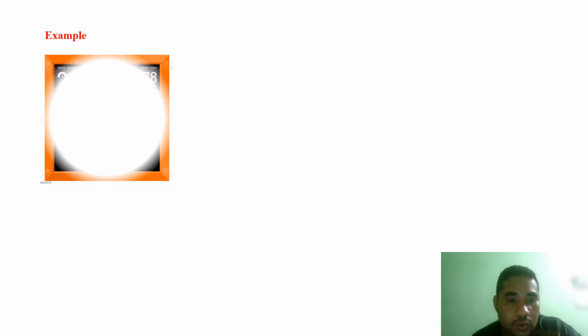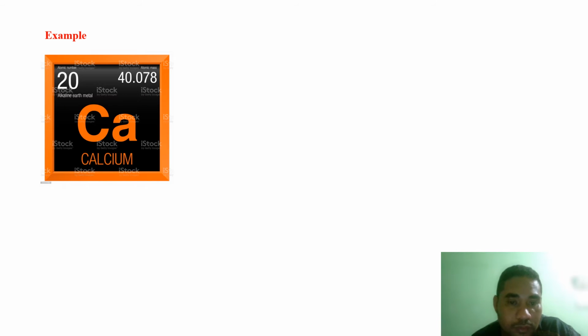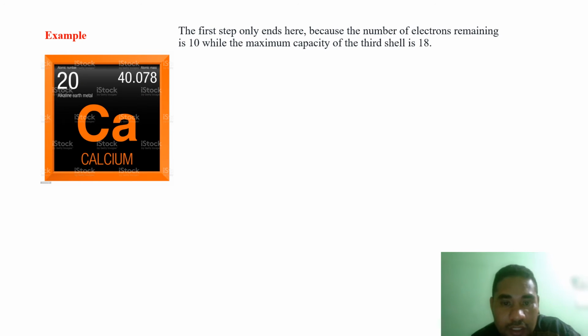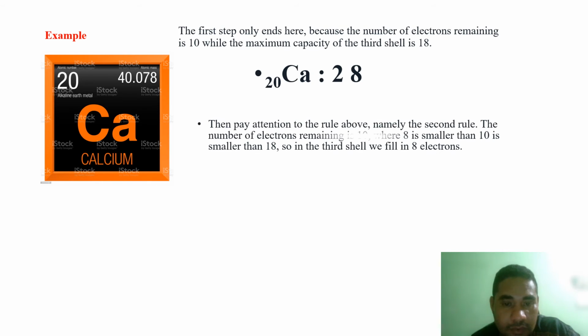For example, when we configure calcium, the first step stops here because the number of electrons remaining is 10 while the maximum capacity of the third shell is 18. Then pay attention to the rules above, namely the second rule. The number of electrons remaining is 10, where 8 is smaller than 10, which is smaller than 18.